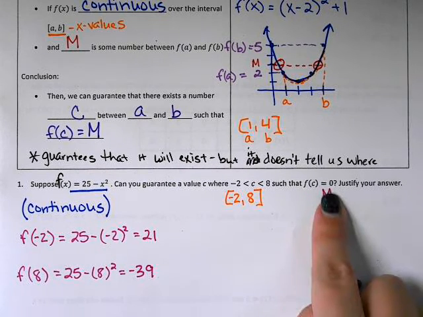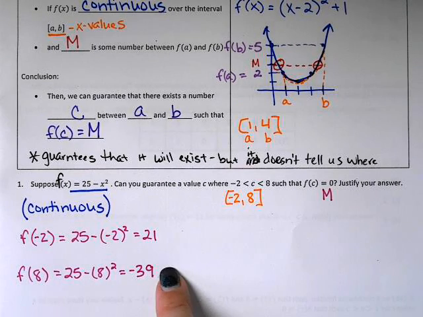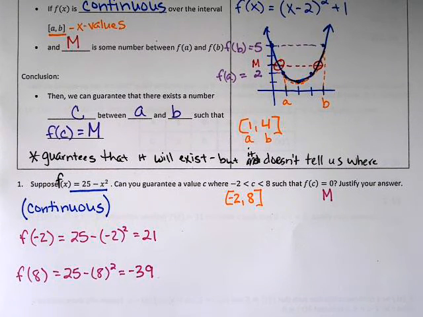And 0 falls between these two values. So yes, we can guarantee that there's a value. I don't know what it is, and I don't really care at this point in time, but I do know that it actually exists. So the explanation for this is a little wordy, but it does need to all be included in your answer. So we're going to write this.